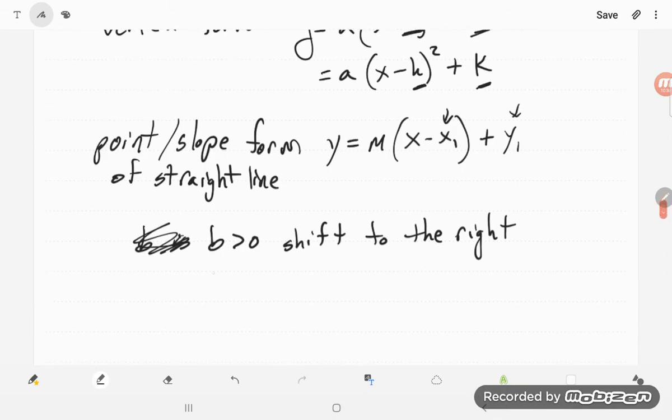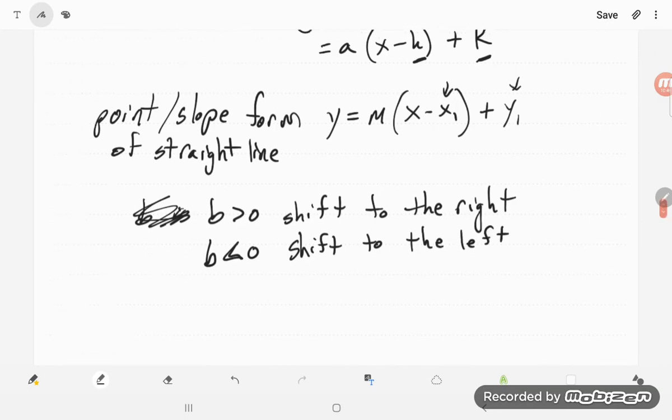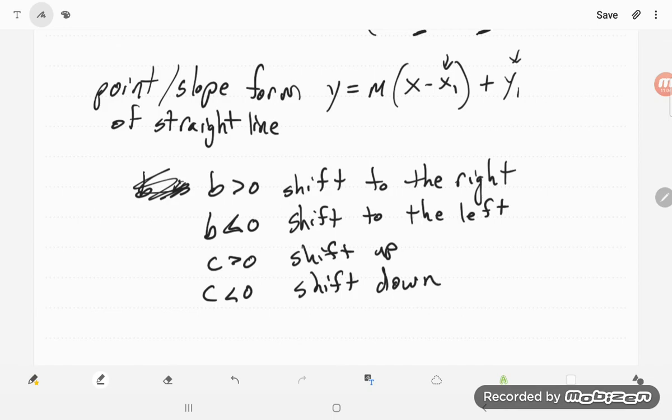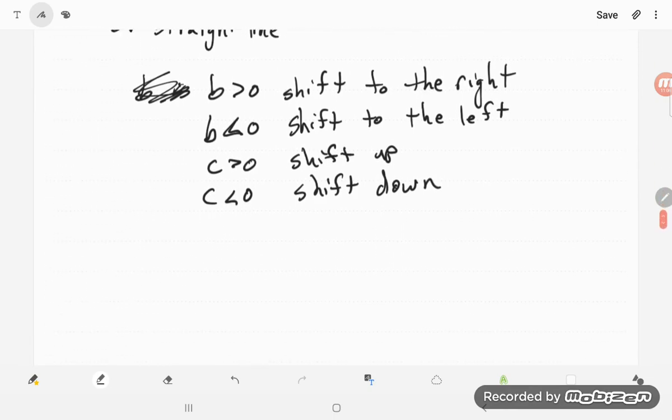And if b is less than 0, it's a shift to the left. And similarly, c greater than 0 is a shift up. So that's a y thing. And c less than 0 is a shift down. Okay, so that's what we'll be looking at.